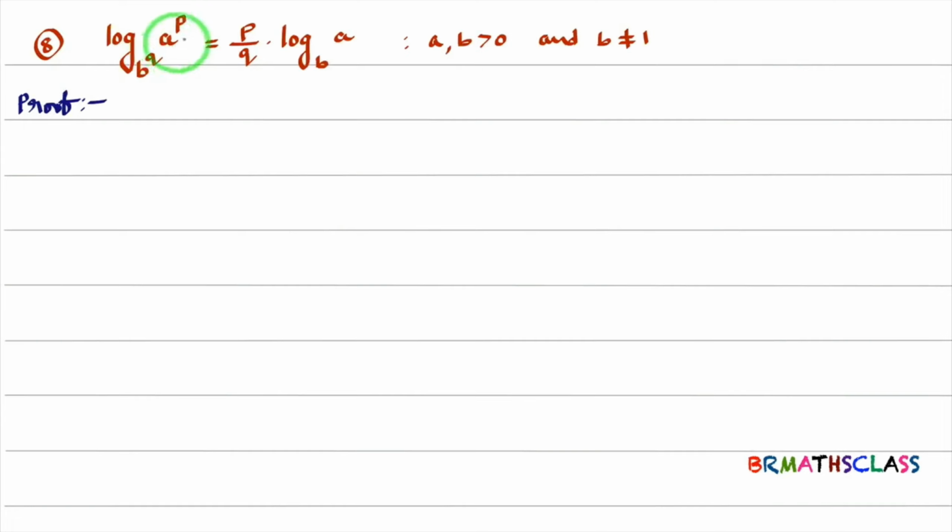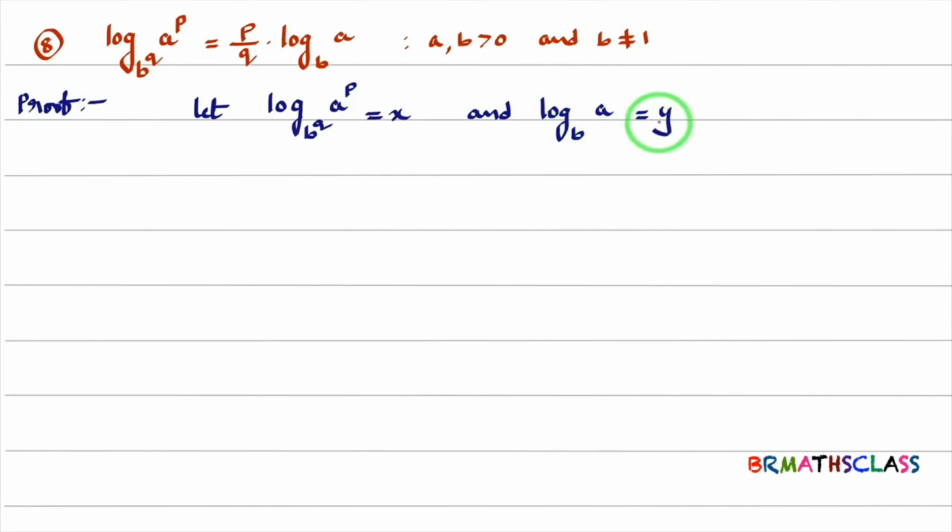Logarithm of a power p base b power q equal to p by q into log a base b. Here a and b are positive real numbers. We know that base cannot be equal to 1. Okay. How do we prove this? First, I'll take this expression as x, and you take log a base b as y.